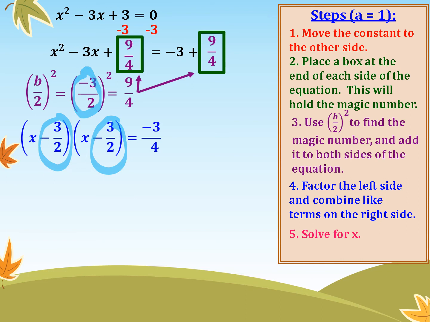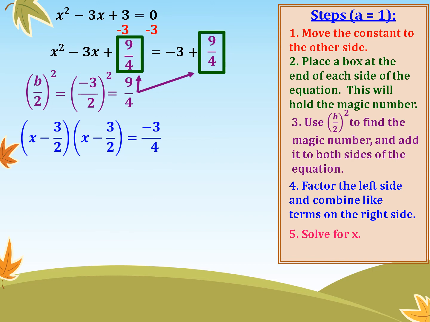So whatever your x minus and x minus or x plus and x plus is always going to be the same as b over 2. So that should give you a little hint to let you know you're on the right track. So this is really x minus b over 2, x minus b over 2 if it's negative, or x plus b over 2, x plus b over 2. So that is not a coincidence that they are the same.